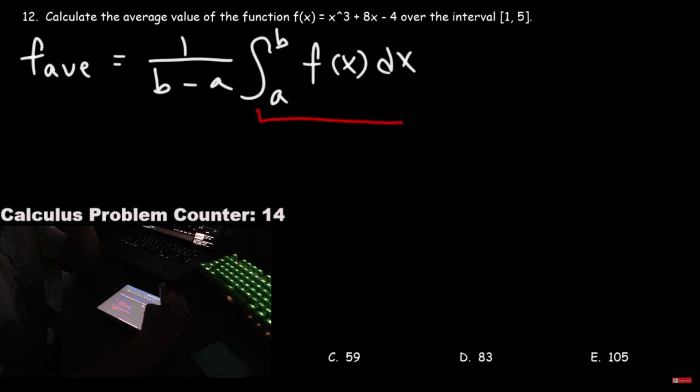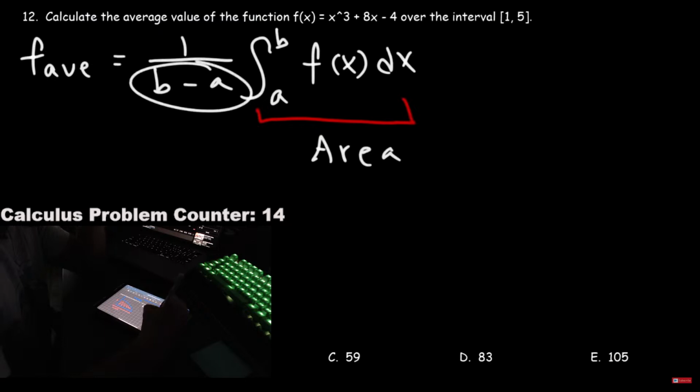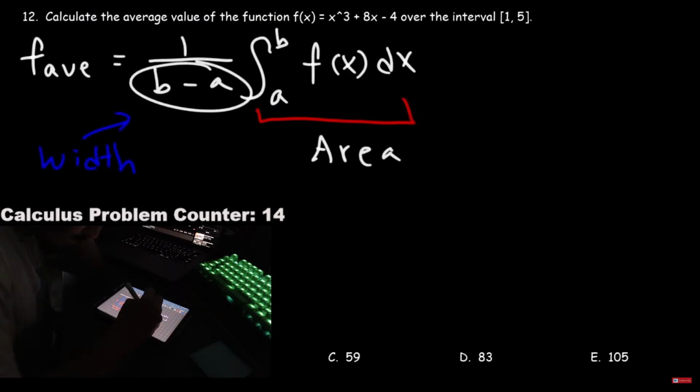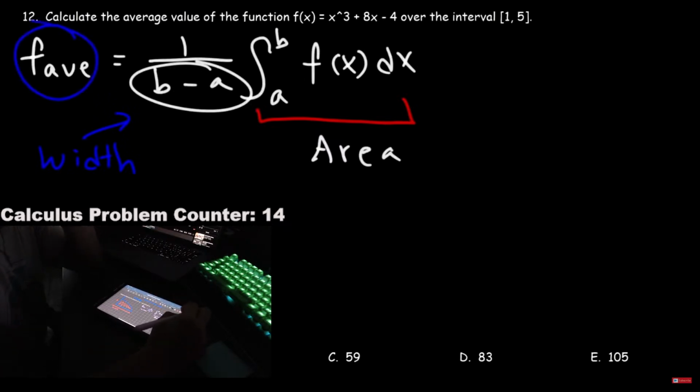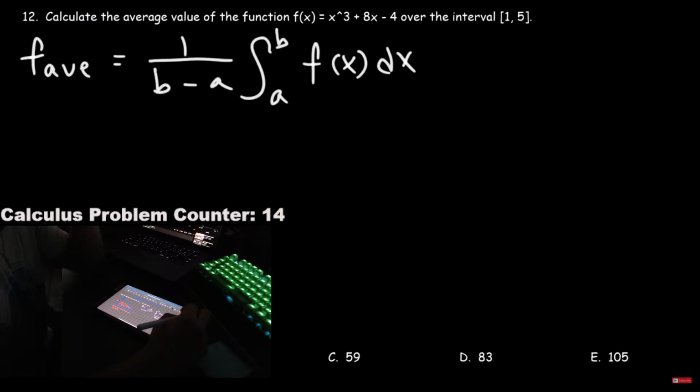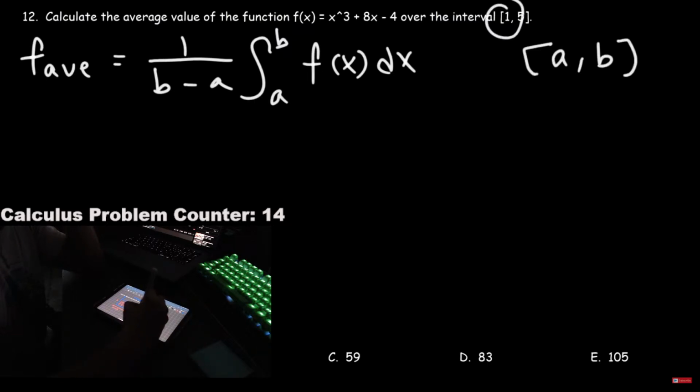This represents the area under the curve, and this portion represents the width of the interval, which is the x value. And that will give us the average function value. So what is a and what is b? a is 1, b is 5.